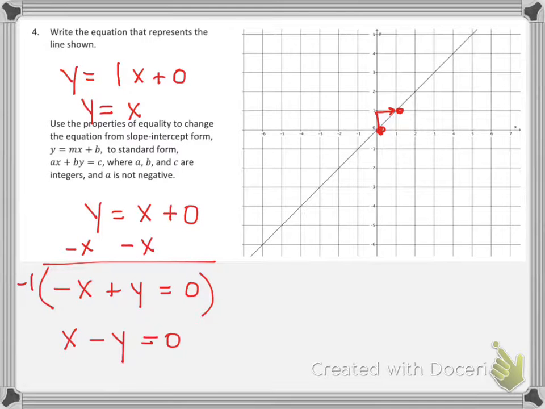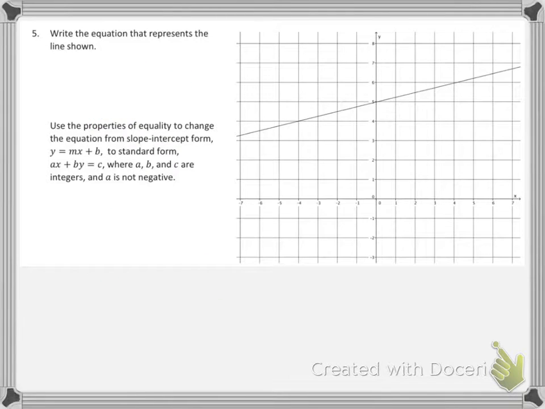All right, let's try another. Crossing the y-axis at 5. So y equals something times x plus 5. That's where I'm crossing the y-axis. And let's see, let's get another point. That's up 1 and right 4. So 1/4 x is my coefficient. Y equals 1/4 x plus 6.